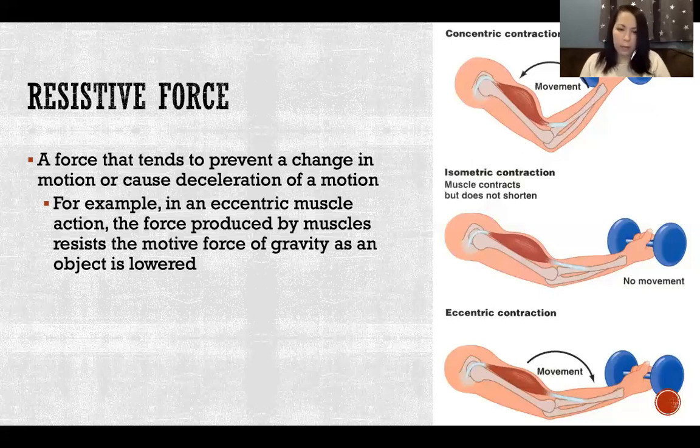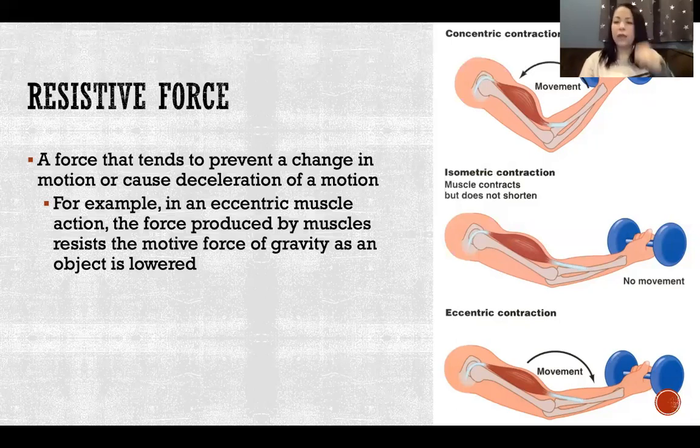For example, in an eccentric muscle action, the force produced by muscles resists the motive force of gravity as an object is lowered. So if I'm going back down from my bicep curl, now biceps brachii is contracting eccentrically. So it's contracting and producing force as it's lengthening, and it's doing that to resist the motive force of gravity.